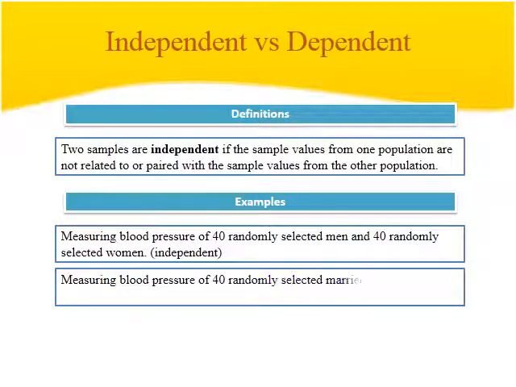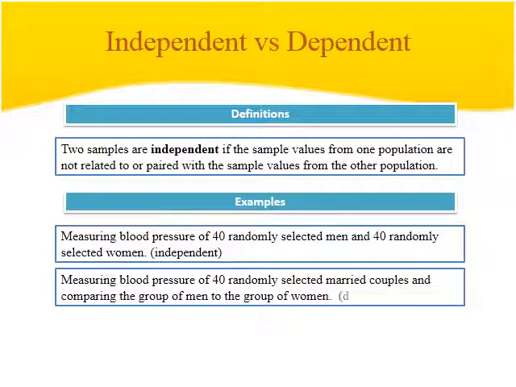However, if we were measuring the blood pressure from 40 randomly selected married couples and comparing the group of men to the group of women, then they're dependent because the 40 men could be paired up with their wives, in which case we've got dependent samples.